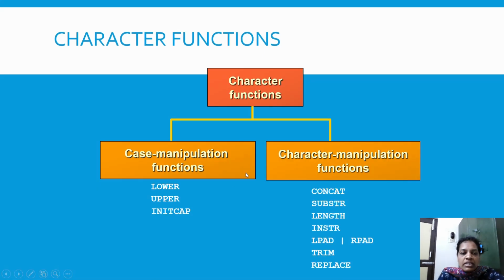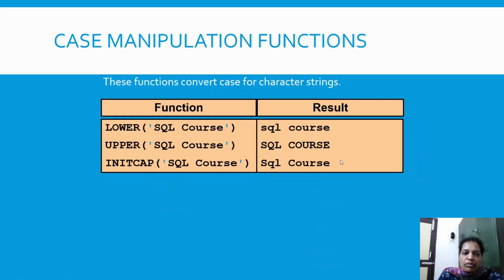These come under case manipulation, and the remaining come under character manipulation. Now we can see the functions one by one. First, lowercase: these functions convert the case of a character string.